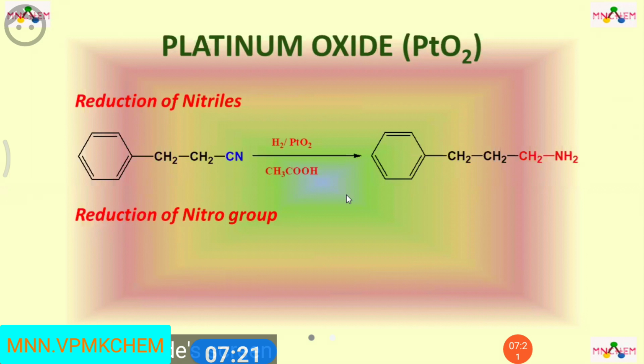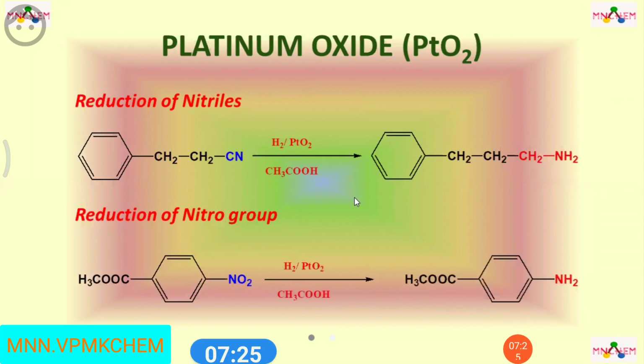Platinum oxide also reduces the nitro group into amino groups, while other carbonyl functionalities remain intact in this reduction process. So nitrobenzene or substituted nitrobenzene is reduced to substituted aniline without affecting the carbonyl double bond.